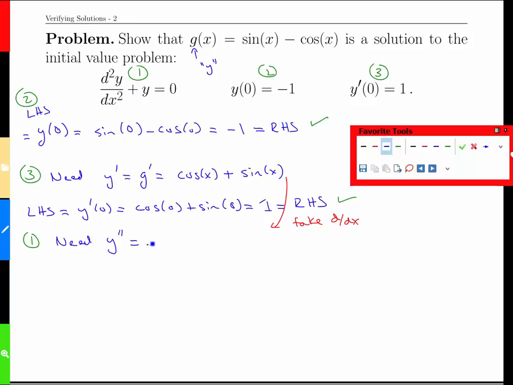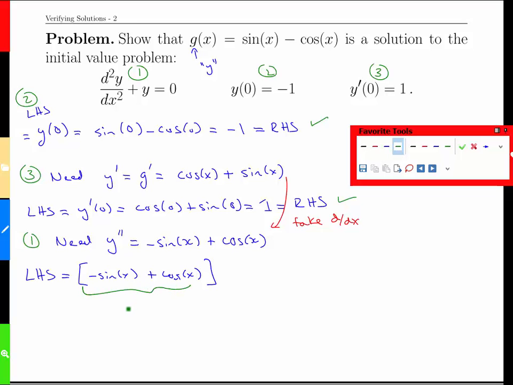The derivative of cos is negative sine, and the derivative of sine is positive cos. Now we can sub in to the left-hand side of equation 1, the second derivative, negative sine of x plus cos of x.